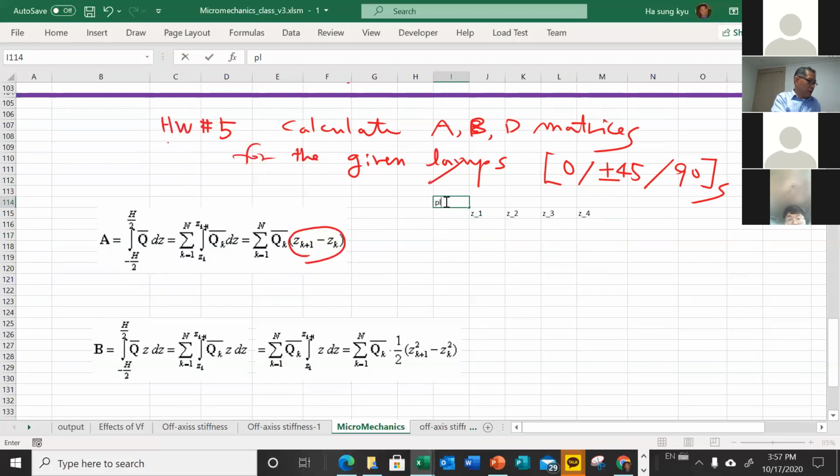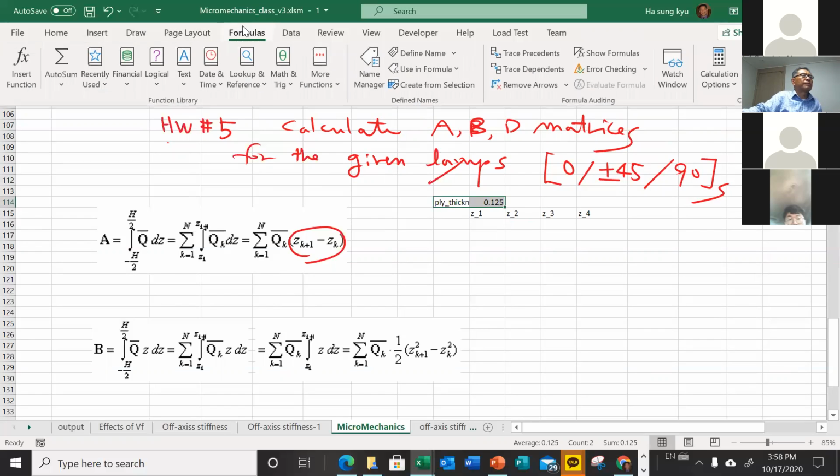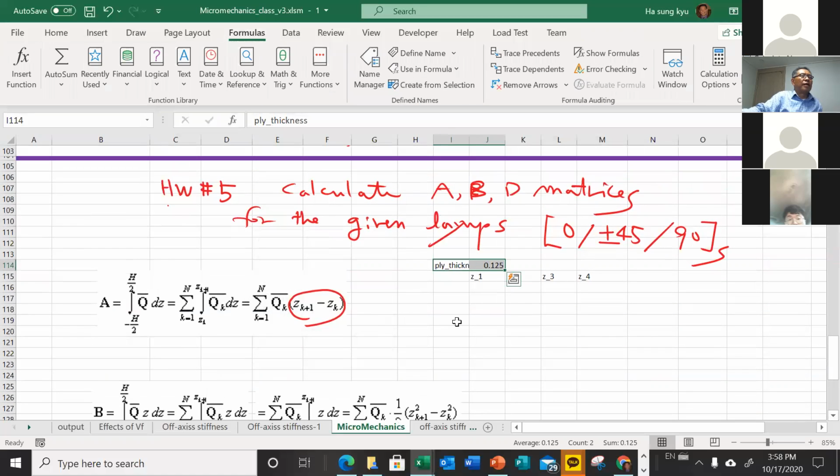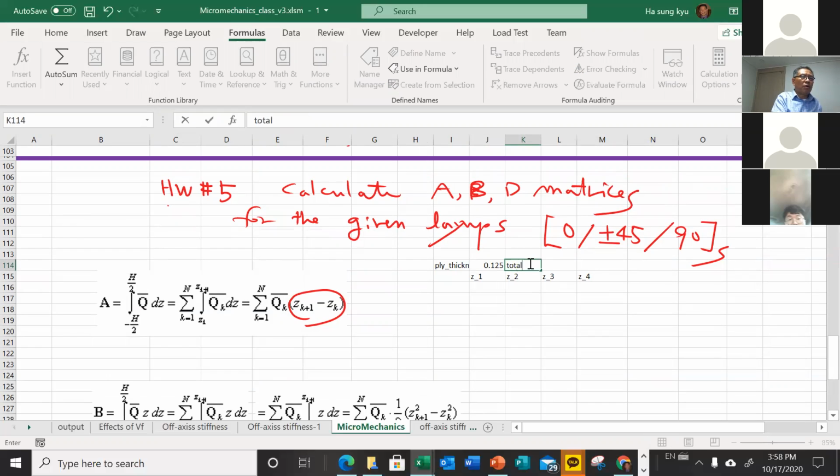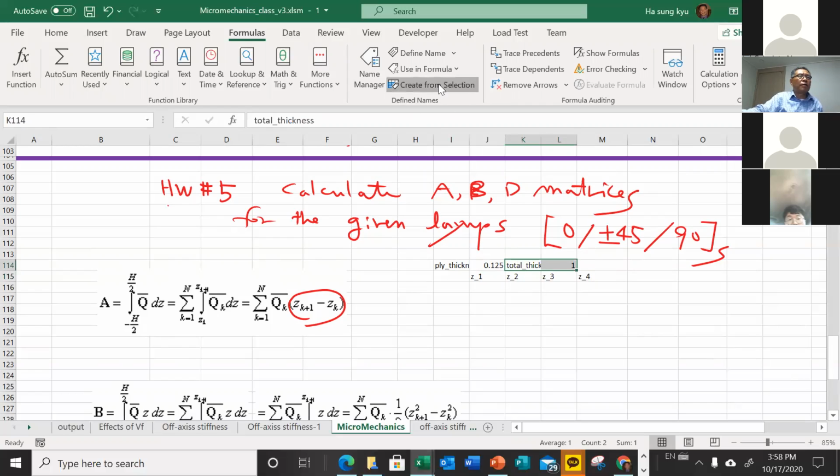The ply thickness will be, say, 0.125 millimeters. Well, some numbers, and this will be the ply thickness. If 8 plies, then the total thickness will be what? 8 times this ply thickness, and this is the total thickness.